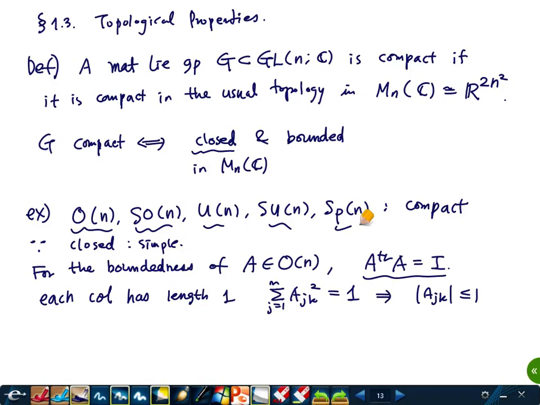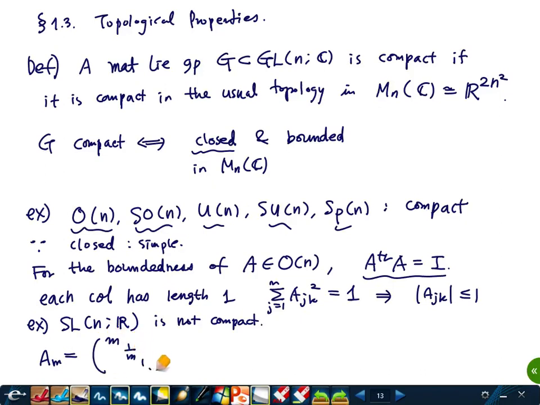On the other hand, SL(n, R), the special linear group, is not compact. It's not bounded, because let's say A_m is this matrix: m, 1 over m, and 1, dot, dot, dot, 1.